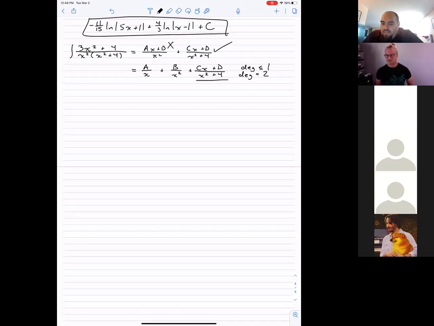Franco asked, why did you split the x squared into x and x squared and repeat the x squared? So one thing I should point out here is, if I have 5 over x squared plus 3 over x squared plus 4, what is the common denominator between these two fractions?